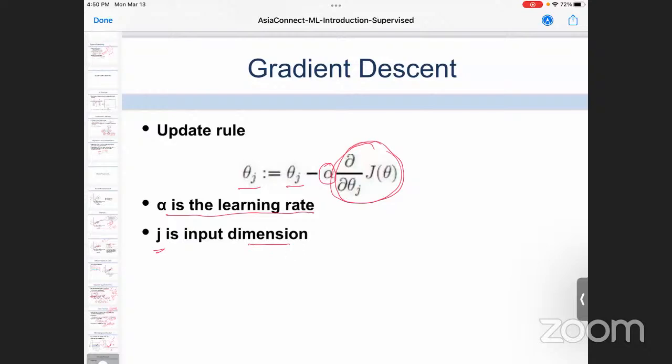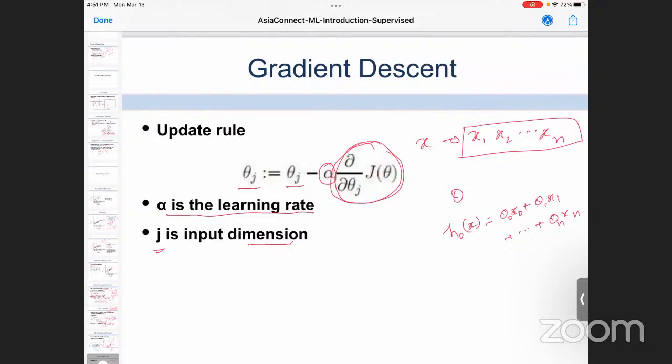And what is J here? J is the input dimension. I think you can remember the input dimension. We had how many dimensions? X1, X2, Xn. For a particular X, we had n dimensions of input features. So for each dimension, theta will be of similar dimension, because in our function, what is h theta x? It was theta 0 x0 plus theta 1 x1, dot, dot, dot, theta n xn.